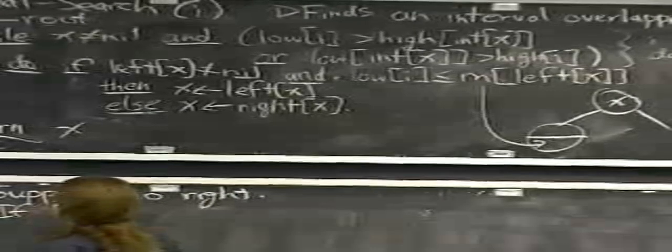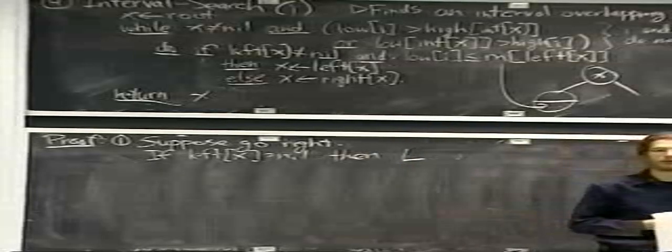So the left part would come out false if there was no left subtree, if left of x equaled nil. Okay. What is L in that case? If there's no left subtree, empty set, 0. This is where I wanted to bring up 0 again. L equals 0, or the empty set. Okay? It's a funky 0.